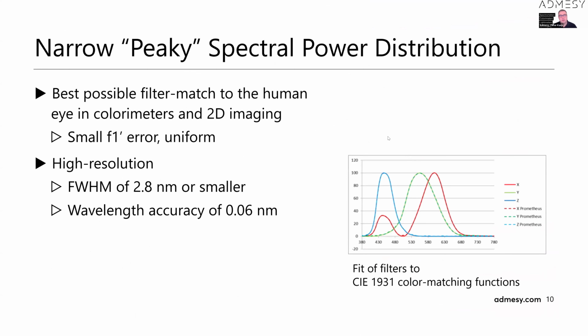To measure the narrow spectral peaks, you need to differentiate between the colorimeter or spectroradiometer type of instruments. So when you're looking at the colorimeter type, then you want to have a small F1 error. That means those curves you see here, those are the so-called color matching functions, and they describe the vision of our human eye, so the sensitivity of our eye.